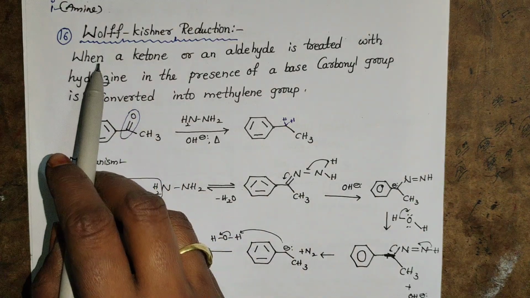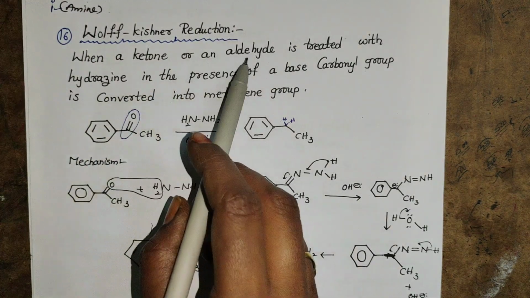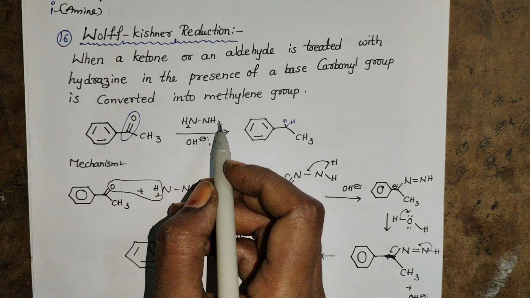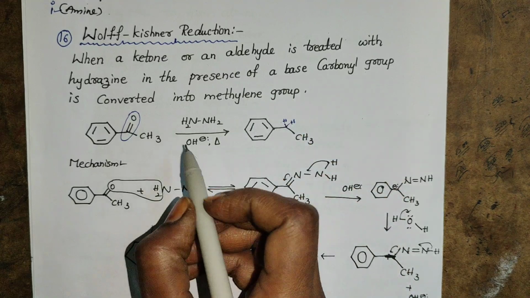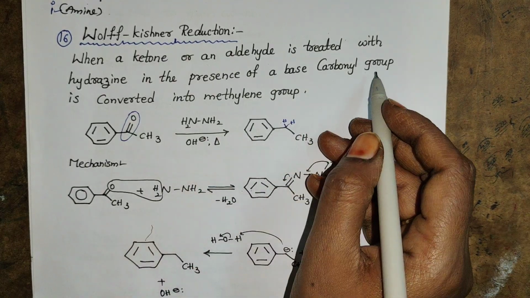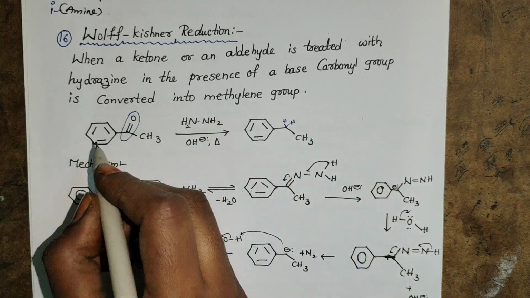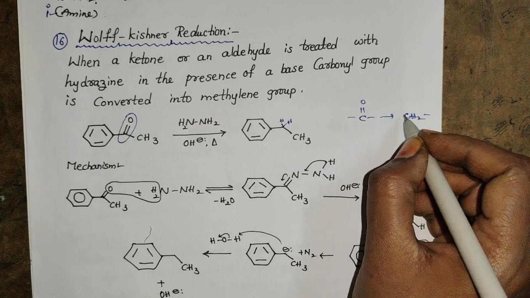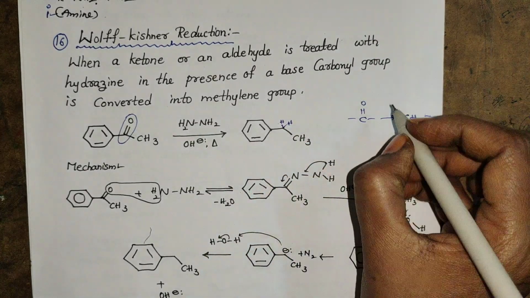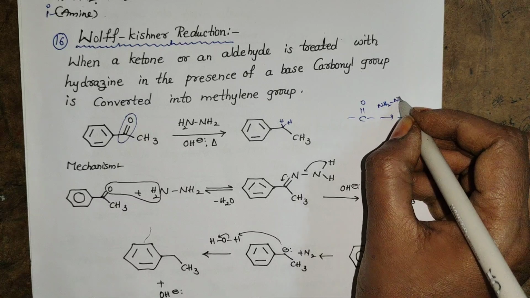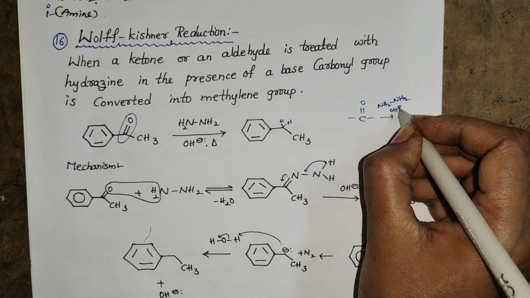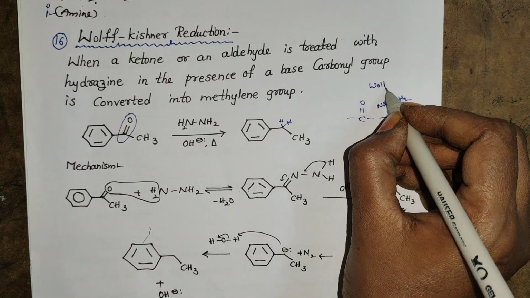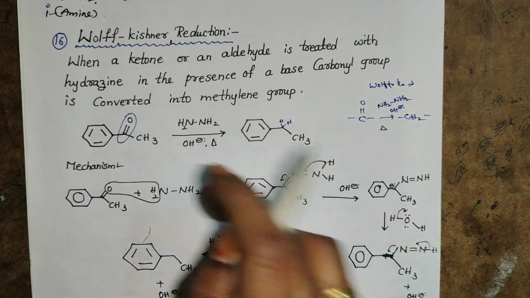So simple, when a ketone or an aldehyde is treated with hydrazine, NH2NH2, in the presence of base, OH minus, that carbonyl group is converted into a methylene group, nothing but this C double bond O group is converted into a CH2 group. This is known as Wolff-Kishner reduction. The main reagents are hydrazine and base, OH minus, and heat. So what is the reaction? Wolff-Kishner reduction.